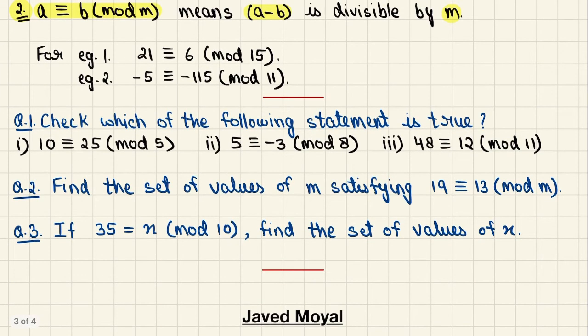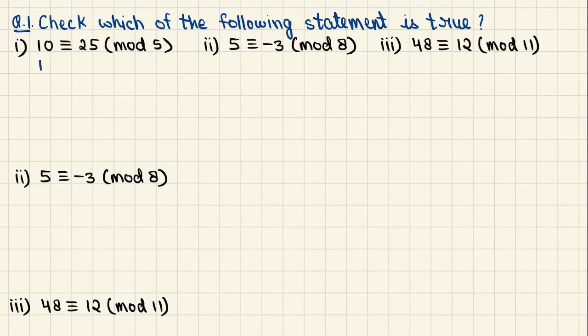Okay, now let us check whether you have understood the concept properly or not. First question, check which of the following statements is true. So first one is 10 is congruent to 25 mod 5. 10 minus 25 divided by 5 is equal to minus 15 divided by 5, which gives you minus 3.